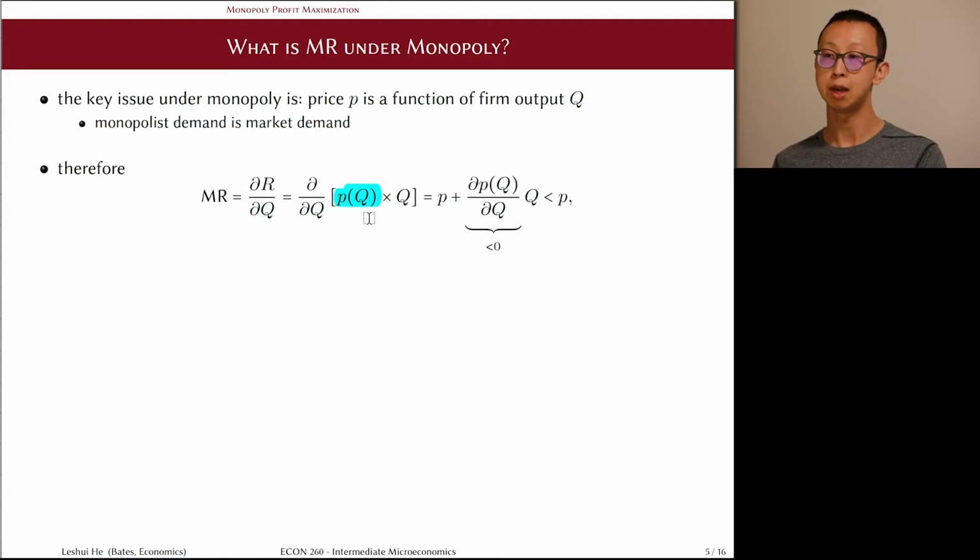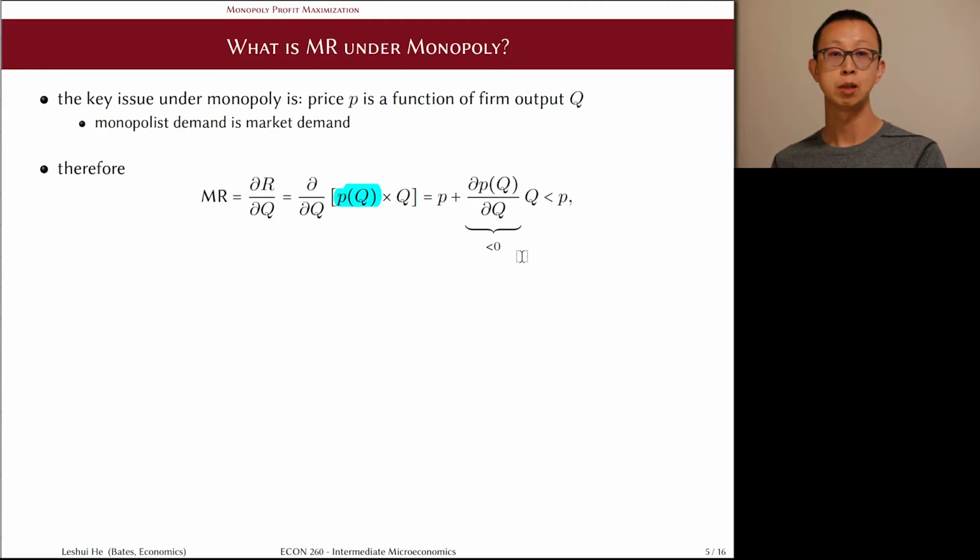Now, as the output level increases, there are two effects. The extra unit of output collects additional revenue at approximately the price level. This corresponds to the gained area B on the previous slide. But the price level will actually decrease as the output level increases.